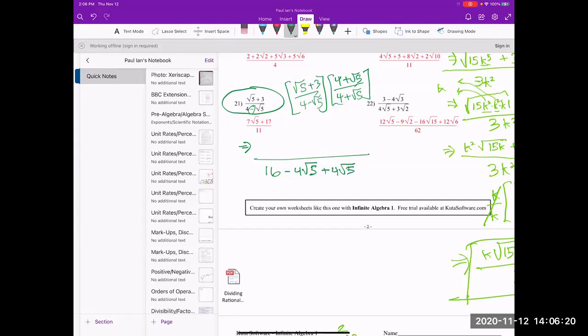And then you have minus root 5 times root 5. I'm just going to write that down and we'll simplify it. Then 4 root 5 and the plus root 5 plus 12 plus 3 root 5.